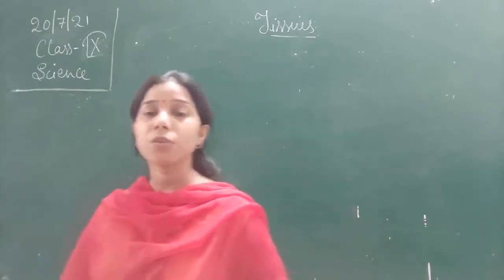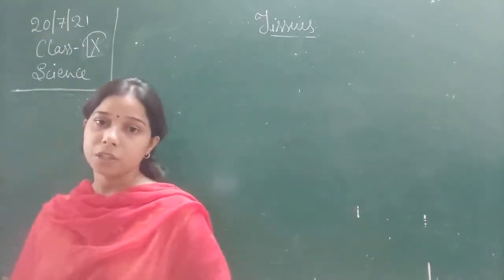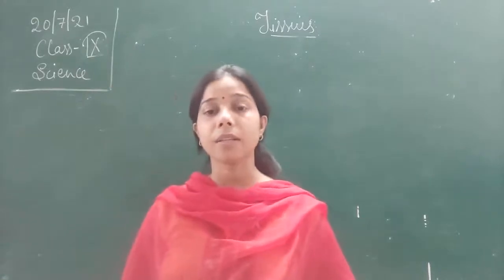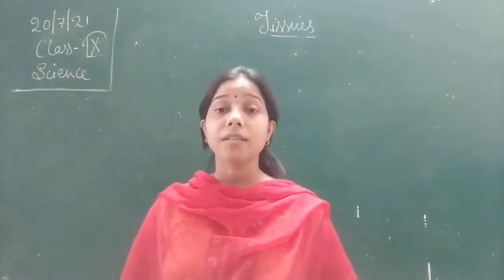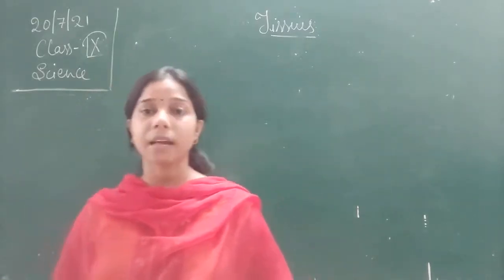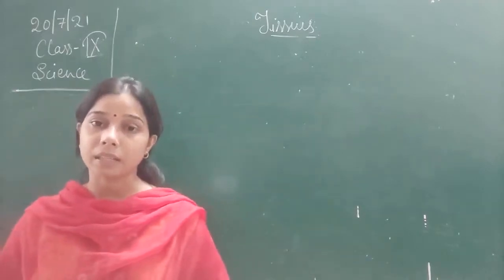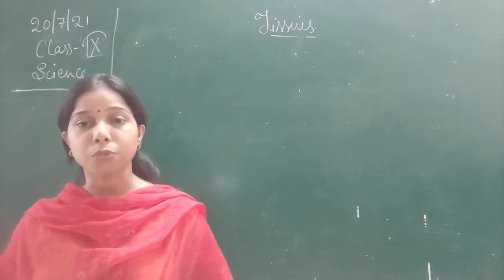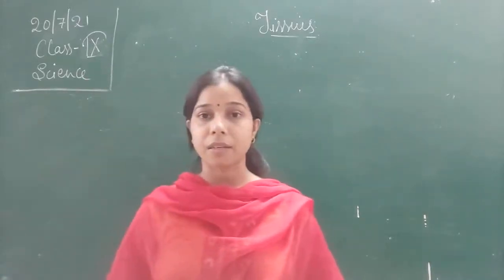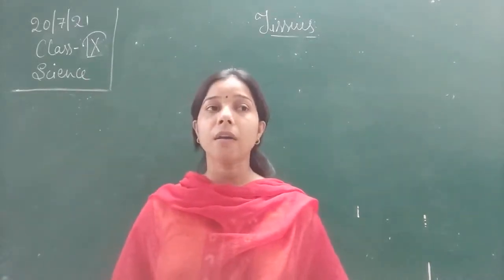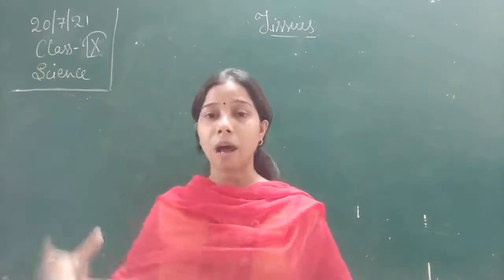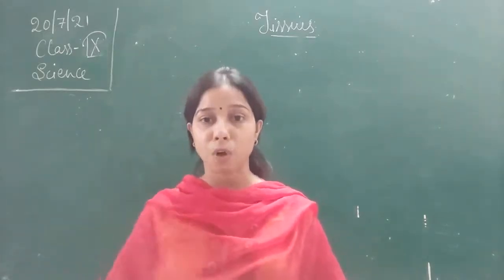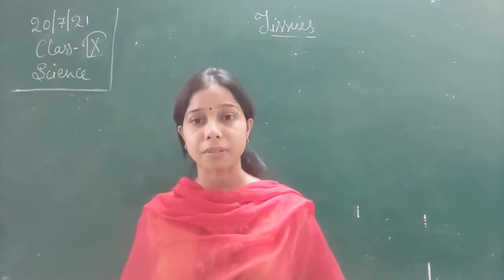Then we understood the complex permanent tissue, and in that we started with the xylem and phloem. Xylem, students, helps in the conduction of water and minerals from the roots to the stem of the plant. It has some elements which are responsible for carrying the water and minerals.